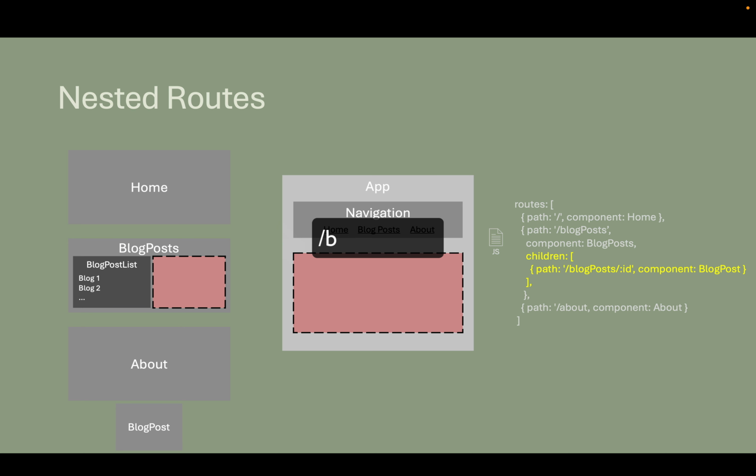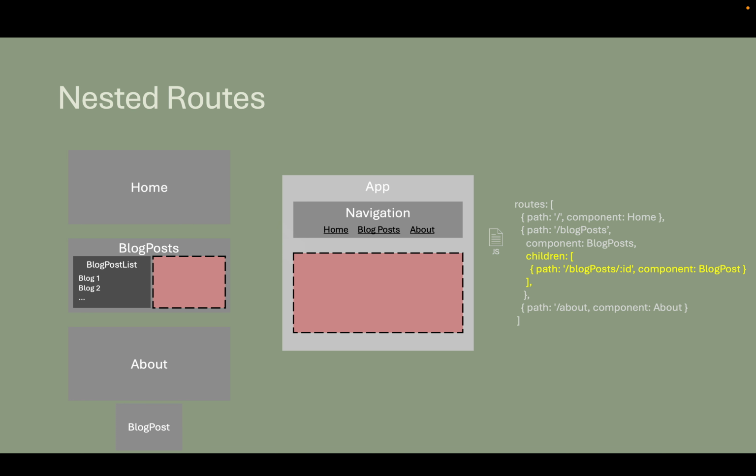For example, /blogposts/1 matches this pattern and is mapped to the blog post component. /blogposts/2 or 3 or 4 or 5 also matches this pattern and is mapped to the same blog post component.